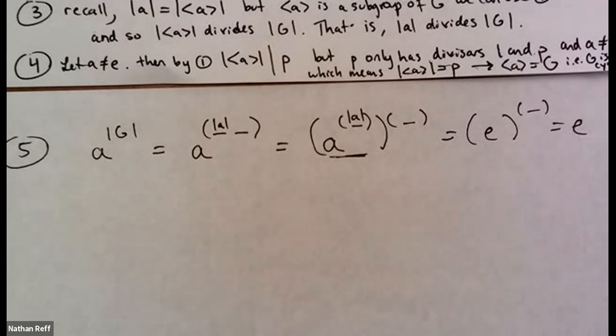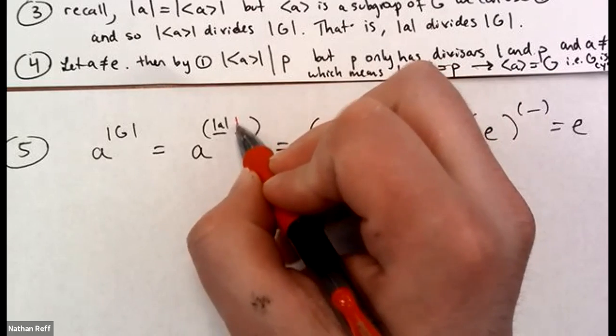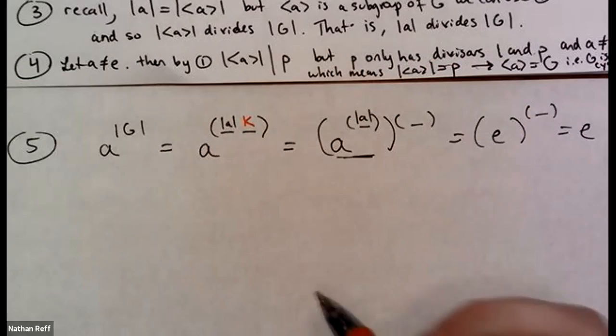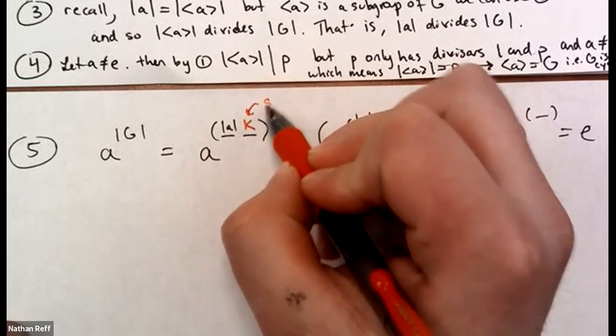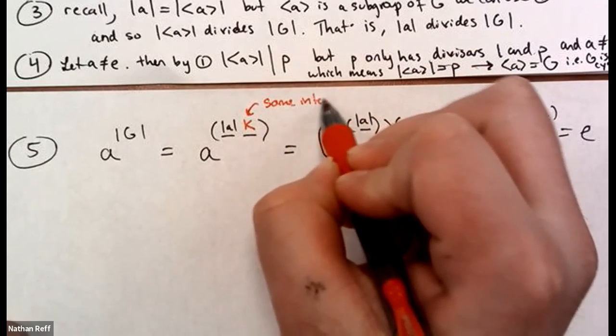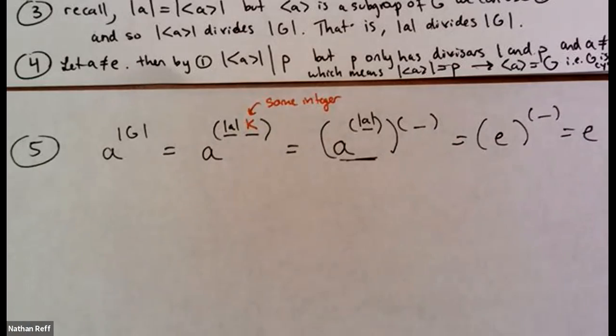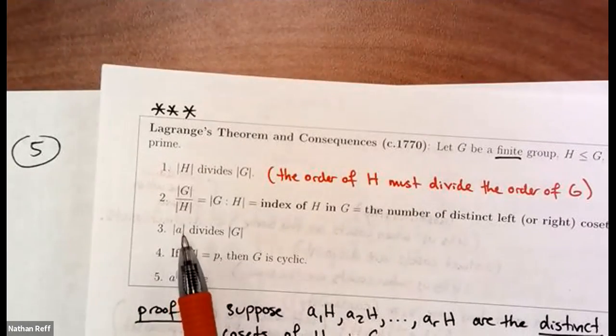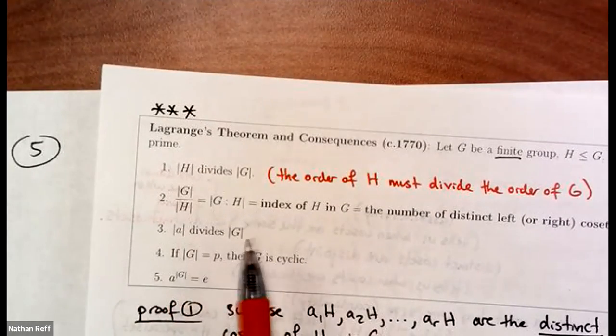So the order of this times something. It doesn't matter what it is. All I know is that this is actually some integer. And how do I know that? We just proved in property 3 here that the order of every element divides the order of G, right?